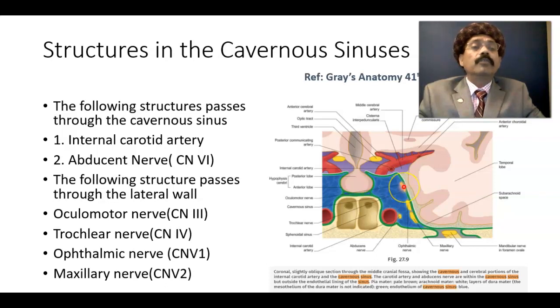The third nerve innervates many extraocular muscles, also intraocular muscles. The fourth nerve, the trochlear nerve, supplies the superior oblique muscle, an extraocular muscle.